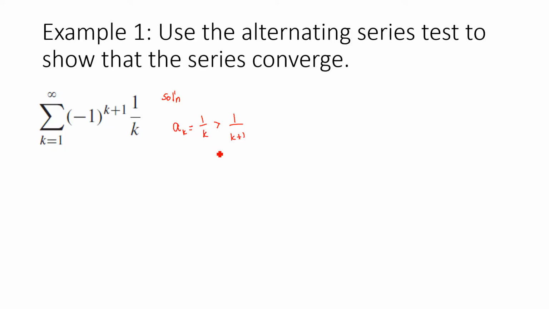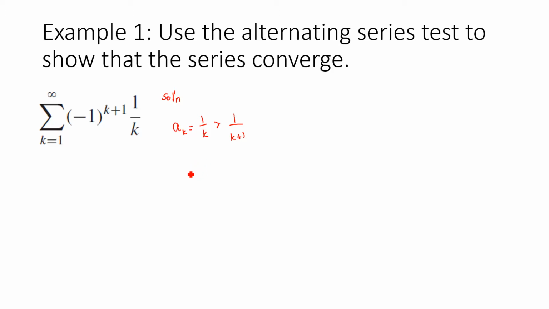Remember that this 1 over k plus 1 is our a sub k plus 1. And in this case, the first condition is satisfied. We can now say that this is monotone.